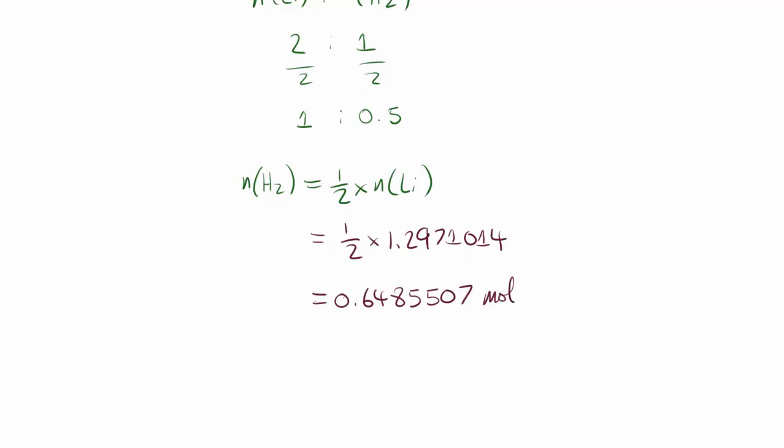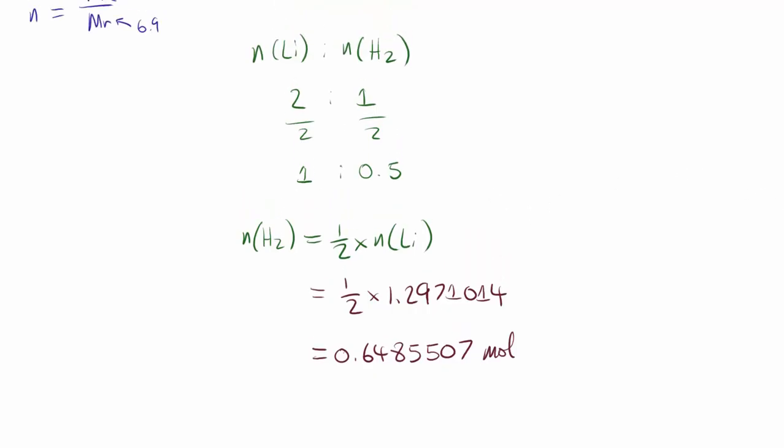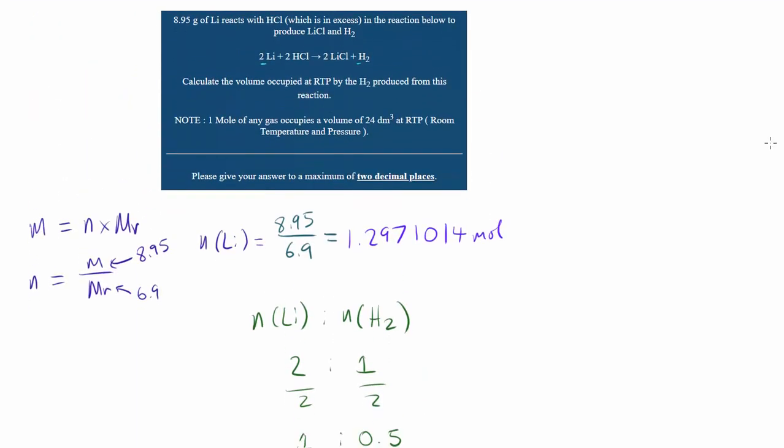Here's the thing. We now need to use this value we've got for the moles of hydrogen to work out the actual volume that hydrogen occupies, because we've not been asked to work out the moles of hydrogen, we've been asked to work out the volume occupied by the hydrogen produced from this reaction.